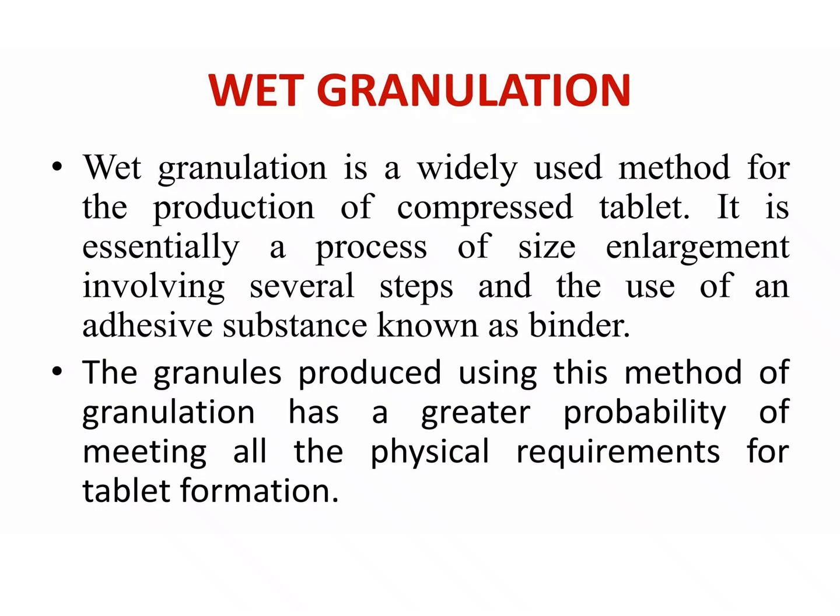It's essentially a process of size enlargement involving several steps and the use of an adhesive substance known as binder. The granules produced using this method have a greater probability of meeting all the physical requirements for tablet formation. Here binder solution is added, which makes it different from any other granulation method.